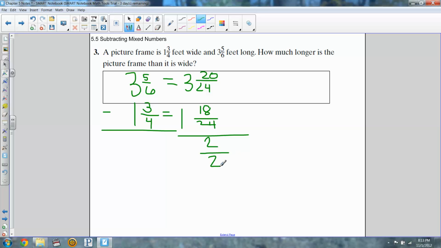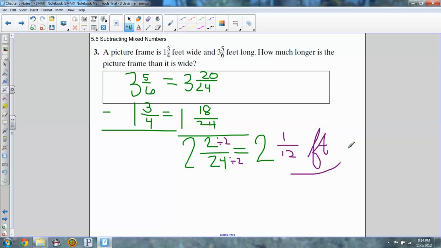Denominator stays the same. Subtract my whole numbers. I have 2 and 2/24ths. For my divisibility rules, I know that 2/24ths is not in its simplest form, so obviously 2 has to be my greatest common factor, so I'm going to divide the numerator and denominator by 2. So I'm going to end up with 2 and 1/12 feet as my final answer here.